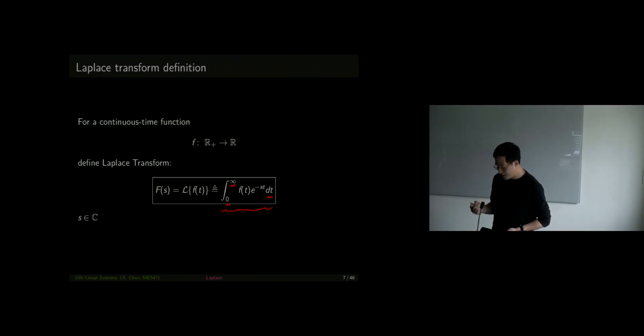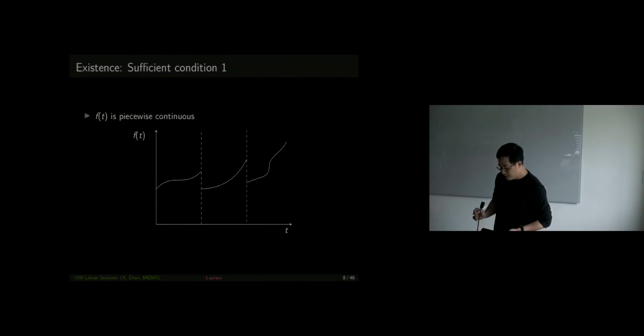And then this f is multiplied with the exponential function e to the negative st. That's the definition of Laplace transform. After this definition is set, we can start analyzing a dynamic system.